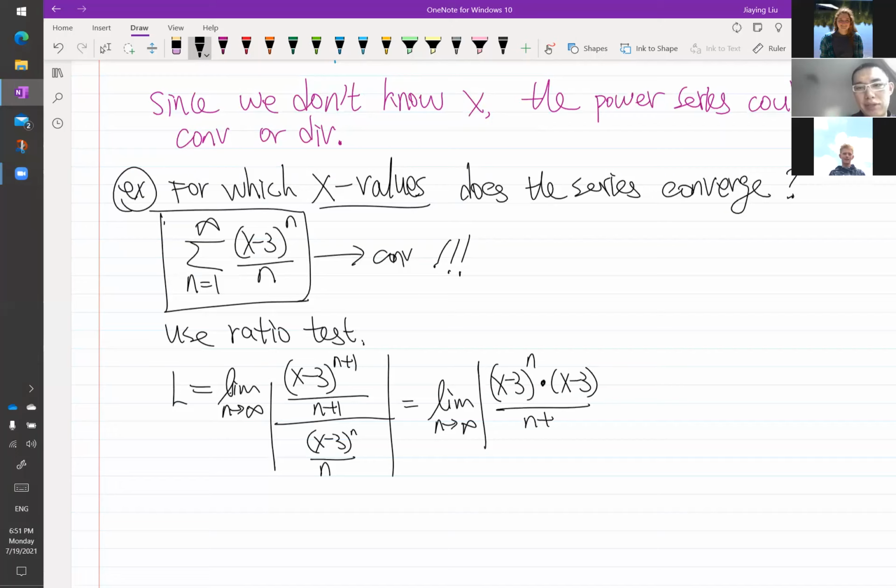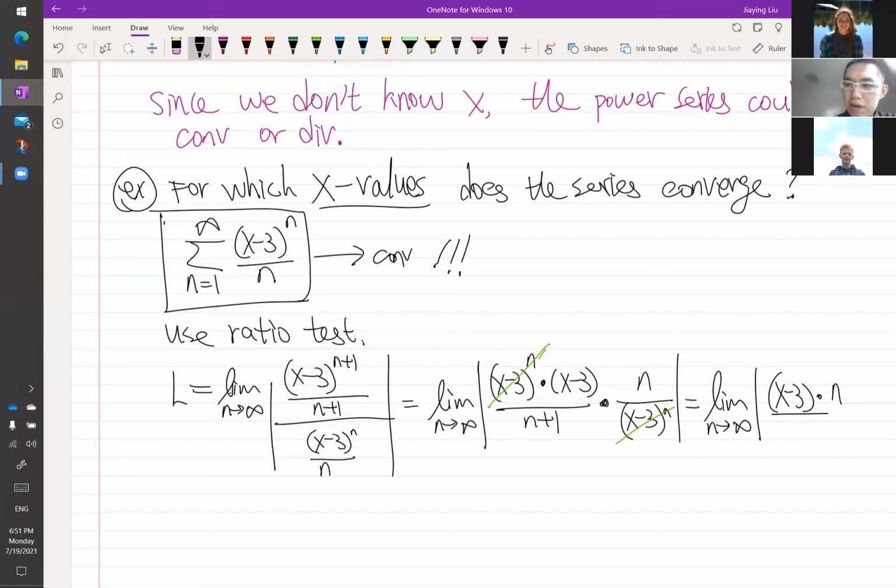Divide by n plus 1, and then multiply by the reciprocal of the denominator, that's n over (x minus 3) to the n. Just like we saw in the earlier example, the (x minus 3) to the n terms cancel. It becomes the limit as n goes to infinity of (x minus 3) times n divided by n plus 1. Okay, so that's what L is.